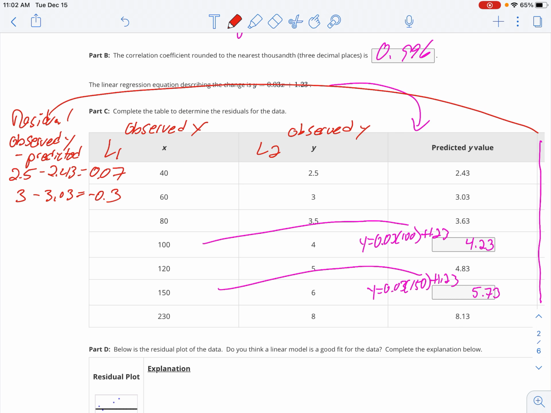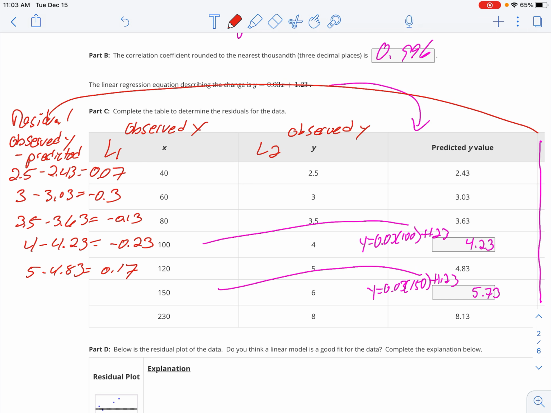And then I keep doing that. Here it's going to be 3.5 minus 3.63. They did that one for you, and you get negative 0.13. They did this one for you, and they got 0.17.